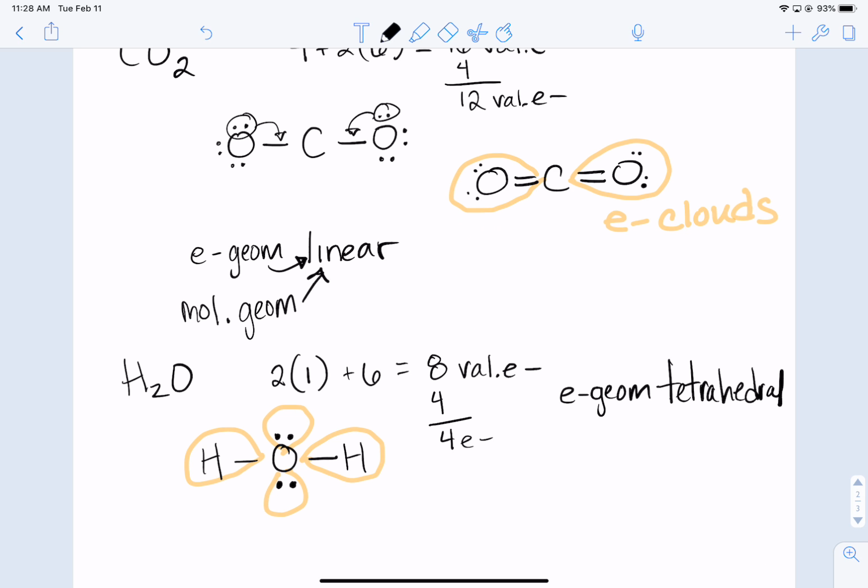But because two of them are lone pairs, its molecular geometry is bent. So this is water, this is carbon dioxide. Carbon dioxide is linear, water is bent. This has something to do with the solubility, and we'll learn more about that later.